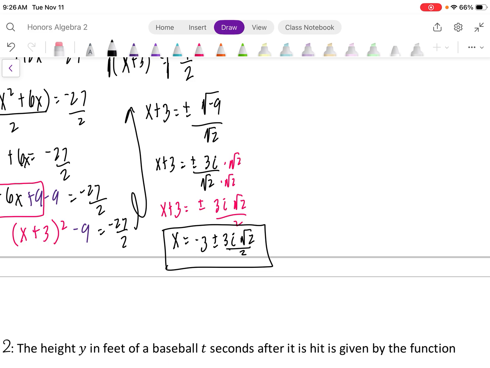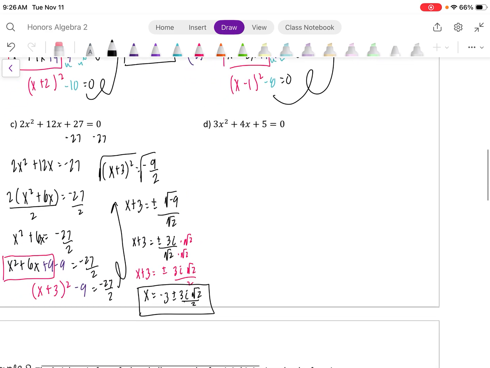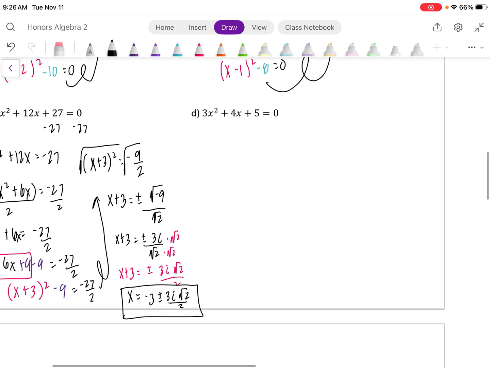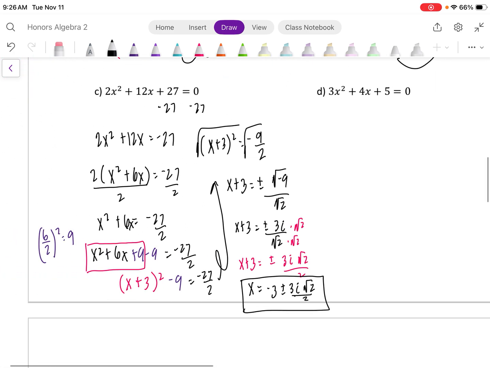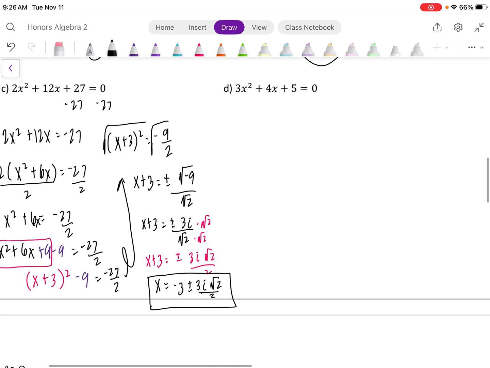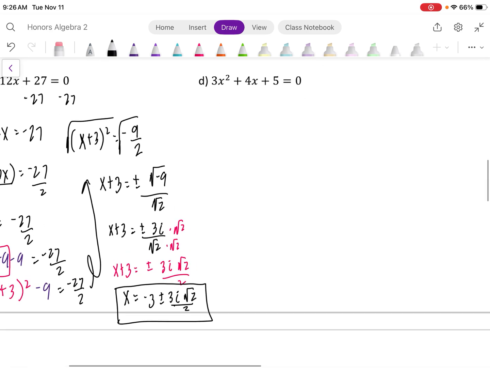And then for example D, we have to divide everything by that a value, which is 3. So we're going to divide everything by 3. I showed you how to move the 27 over. Actually, no, let's just move the 5 over. So we're going to subtract the 5 from both sides.